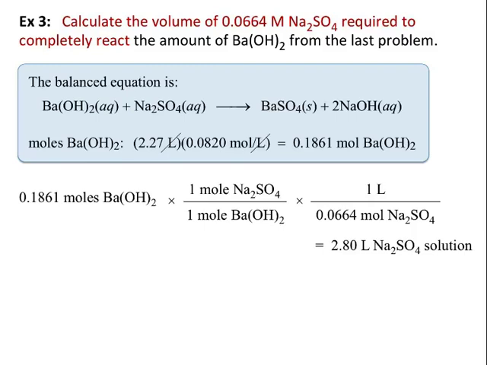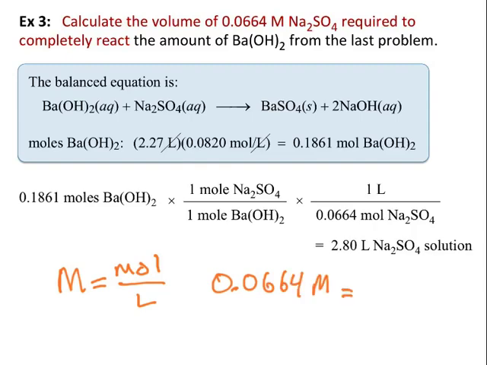Another way you can do this is just by using the equation M equals moles over liters, and then you're trying to solve for liters, and you know molarity, so you could say 0.0664 molar is equal to 0.1861 moles over liters, and just solve for liters.